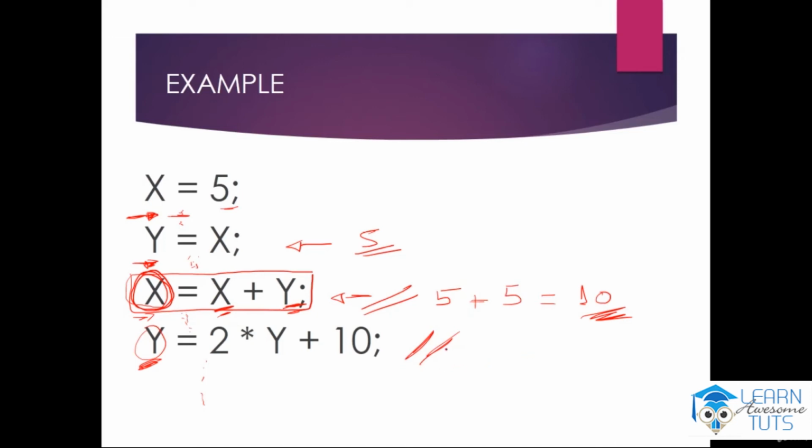And actually the answer is that the new value would be 2 multiplied by 5, that is the last assignment in the variable y, plus 10, which equals 10 plus 10, which means that the new value is 20.